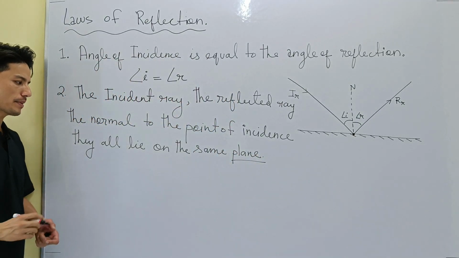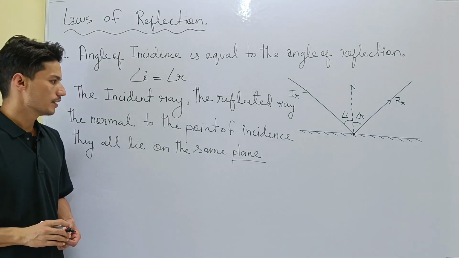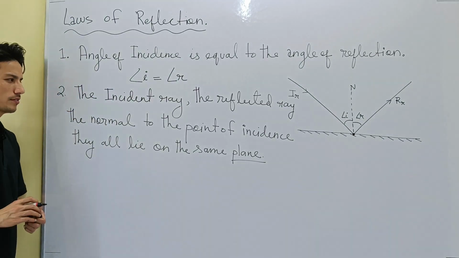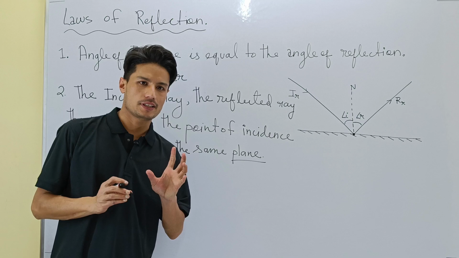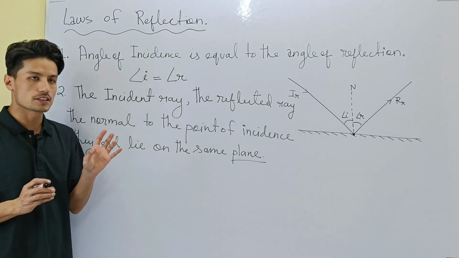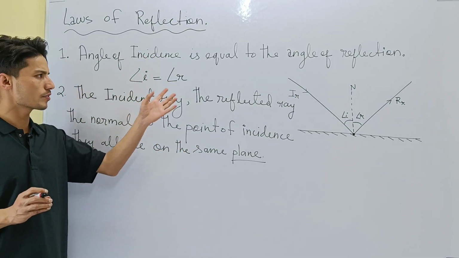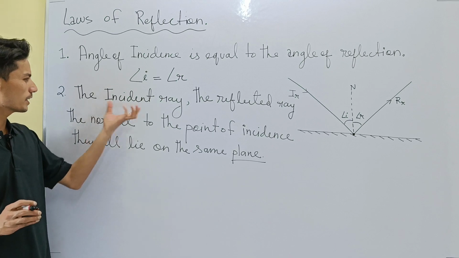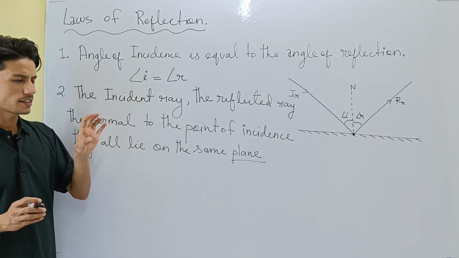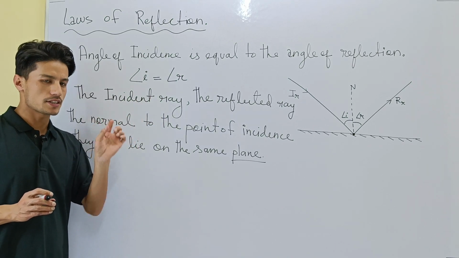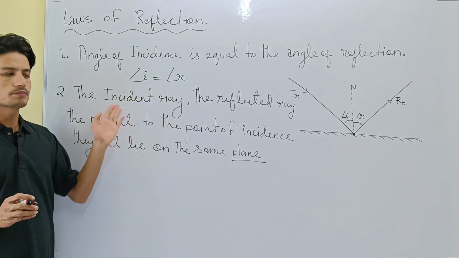I will spend some time explaining what is a plane. Now, the second law of reflection is a little difficult compared to the first law of reflection. The first law is very easy. Students find the second law a little difficult to understand, but it's actually easy.